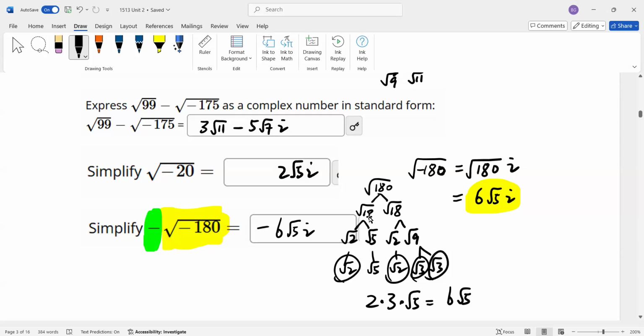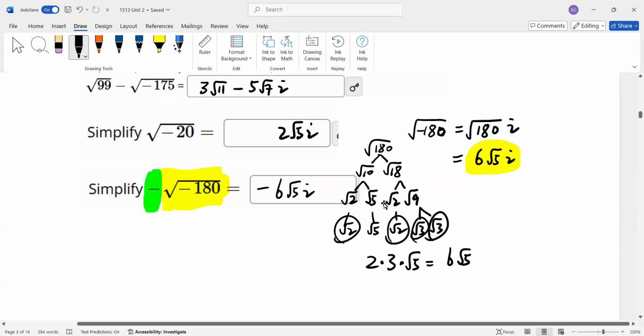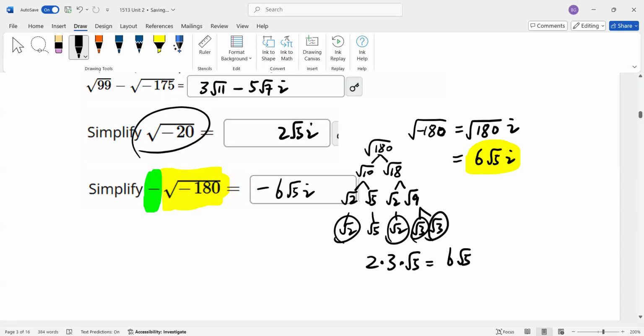Can it be easier that way? Yeah, actually, you are very smart. Root 180 is just root 20 times root 9, right? We just had a root 20, which is 2 root 5, and the root 9 is 3. So 2 times 3 is 6 root 5.